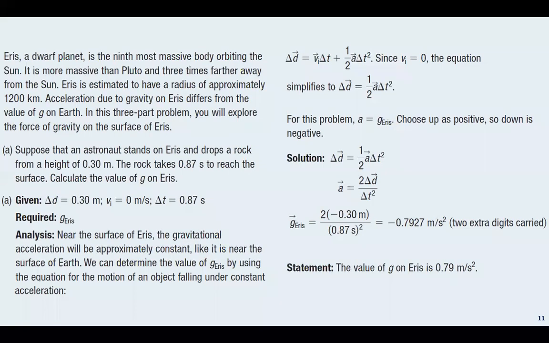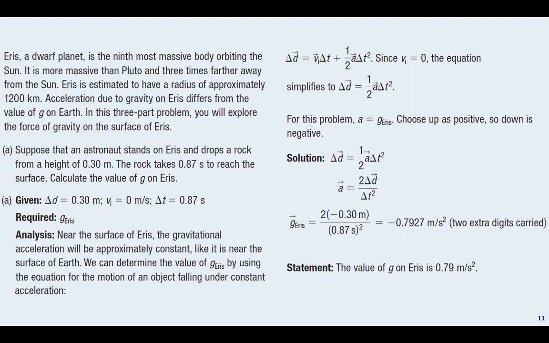Notice that this is a one-dimensional problem, so the negative symbol indicates that the gravitational acceleration is pointing downwards. The magnitude of the gravitational acceleration on the surface of Eris is approximately 0.79 meters per second squared.